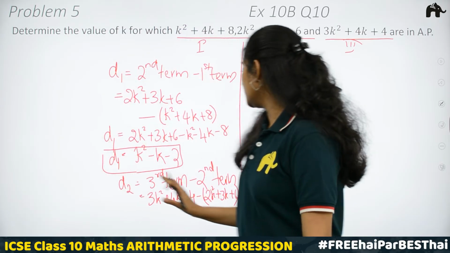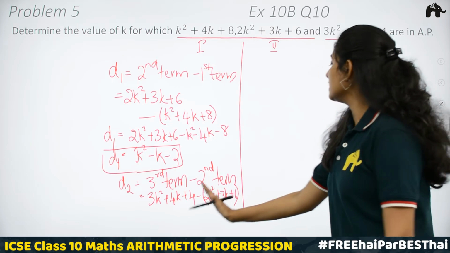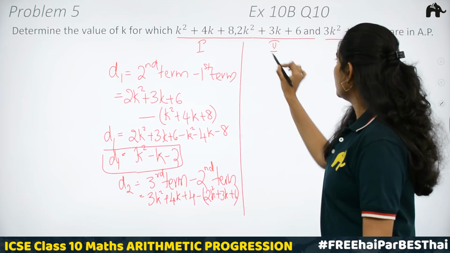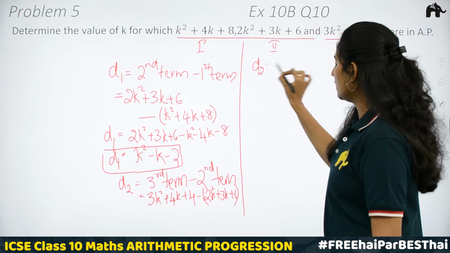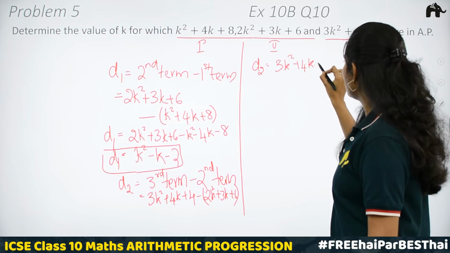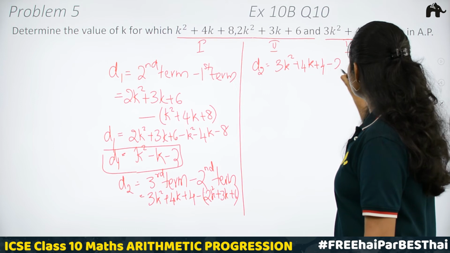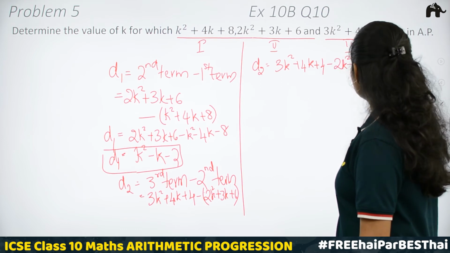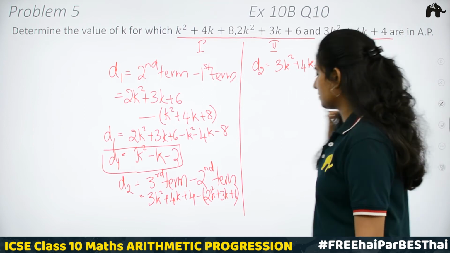Next, removing the bracket and distributing the negative sign, we get D2 is equal to 3k square plus 4k plus 4 minus 2k square minus 3k minus 6.